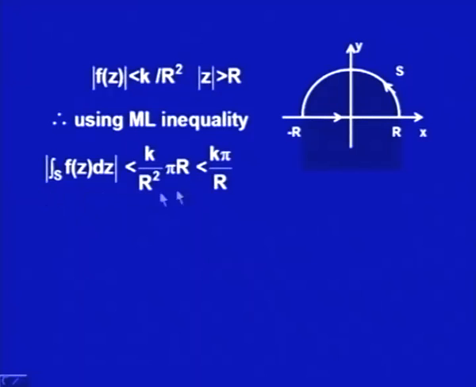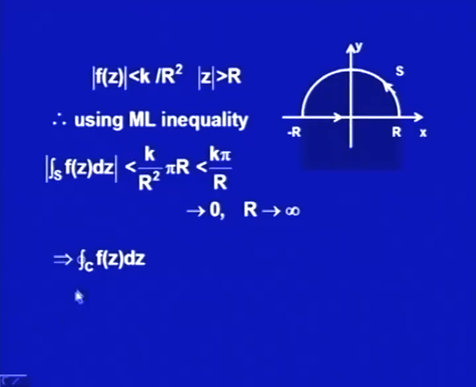Since this is bounded by this positive quantity, and this positive quantity would go on decreasing, the value of this integral must be 0. So, it would approach 0 as r approaches infinity. This says that this integral over S of f z dz is 0.